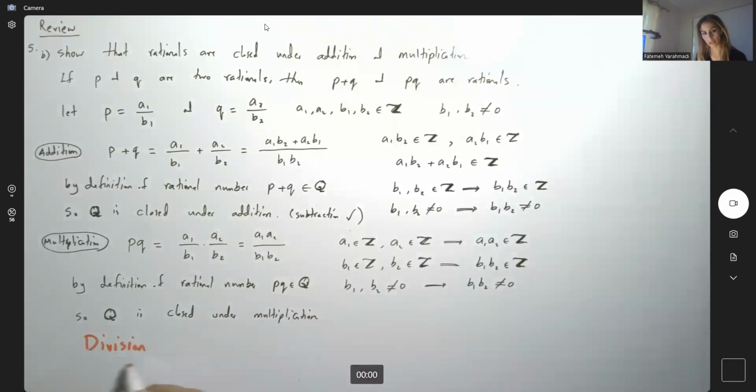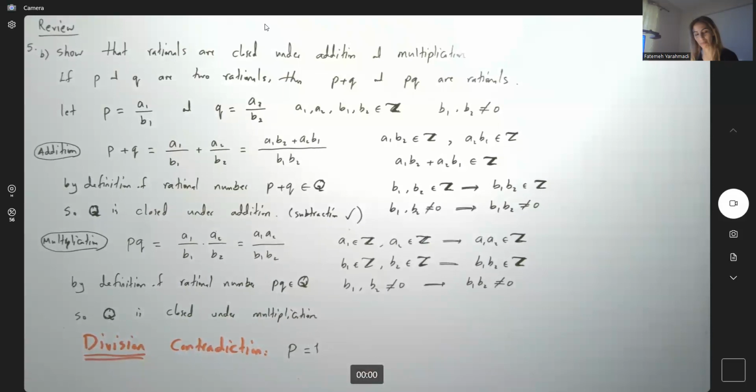For division, I'm using a different color to have your attention. Division doesn't work. You can find a counterexample. For example, I'm going to give you P equal to just a rational number, like 1. Remember, 1 can be written as 1 divided by 1, so it's a rational number.